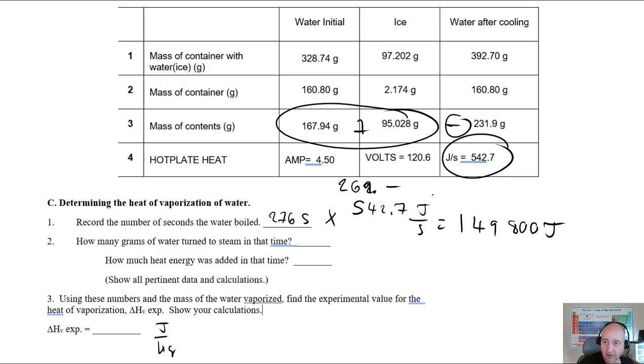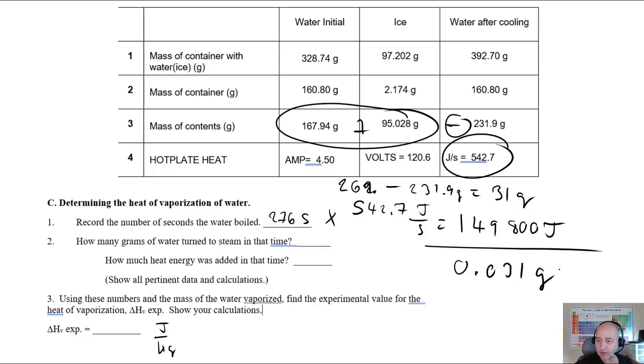This and this together minus 231.9 grams is roughly, okay, this is annoying, 31 grams. So we divide that by 0.031, shoot, that's kilograms, to give us the delta H of vaporization. Okay, that's it for the lab.